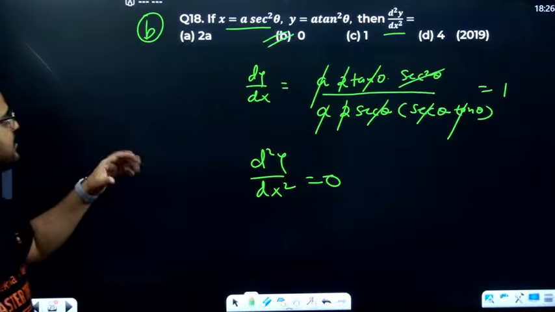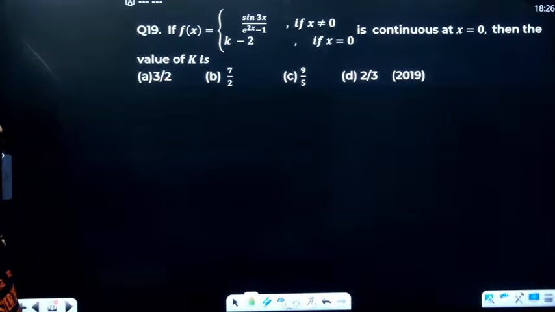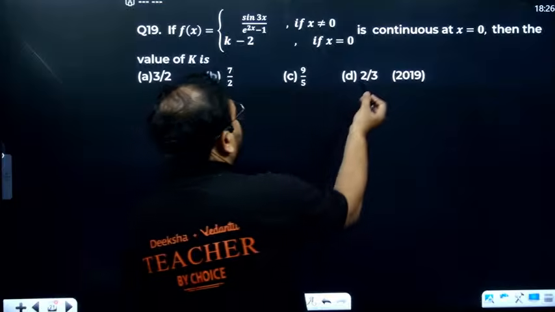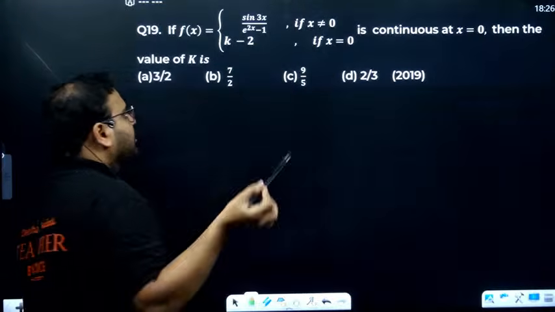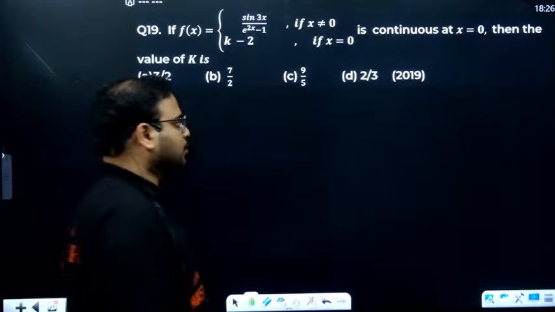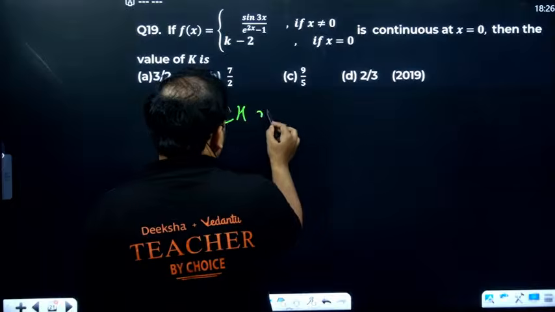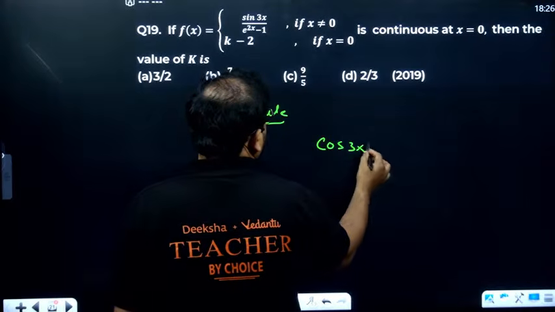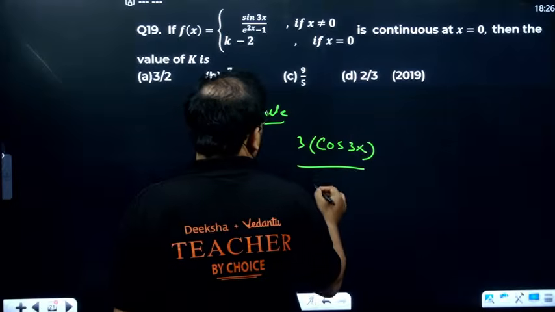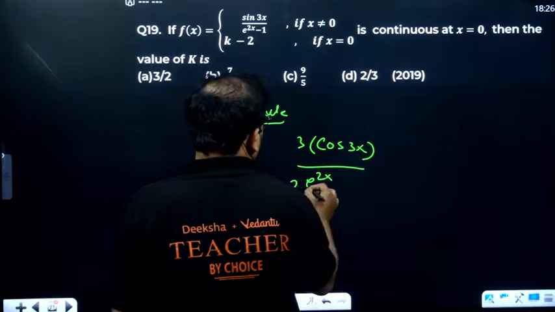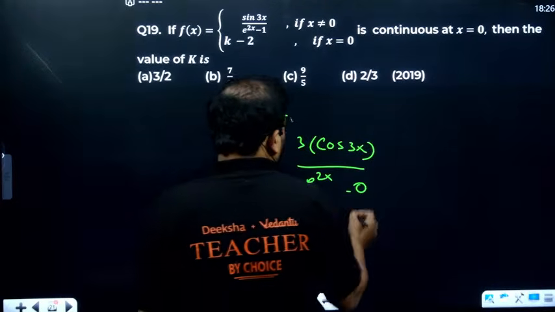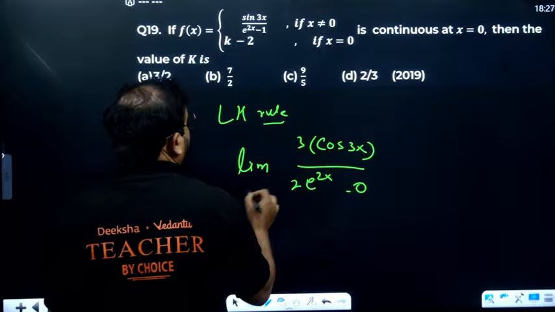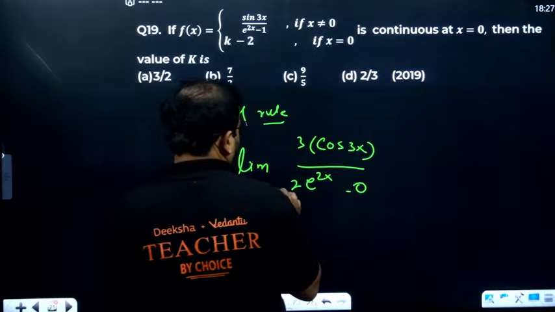So Deepak, please use the forms I've given you. It'll be very helpful. Again, for this problem, whenever you see a different question, I'm telling you, check your condition for the L'Hospital rule and apply it; it will be easier to solve. Differentiate: you'll have cos 3x times 3 over e power 2x times 2, minus 0, in the limit x tends to 0.